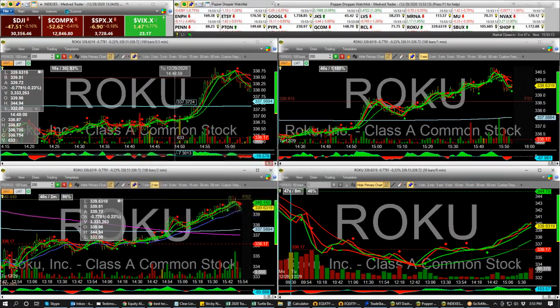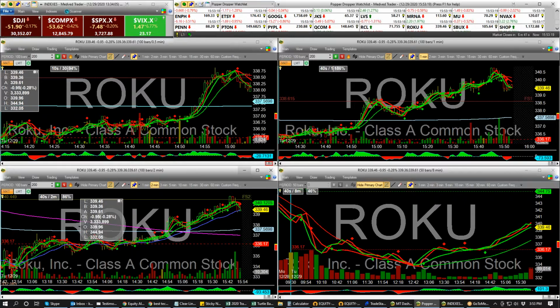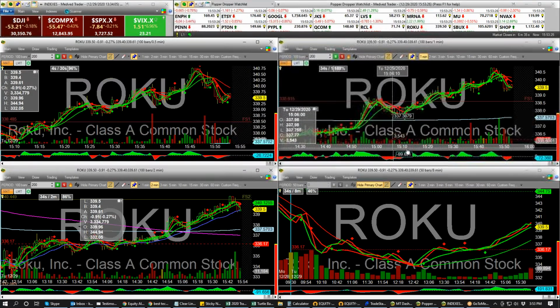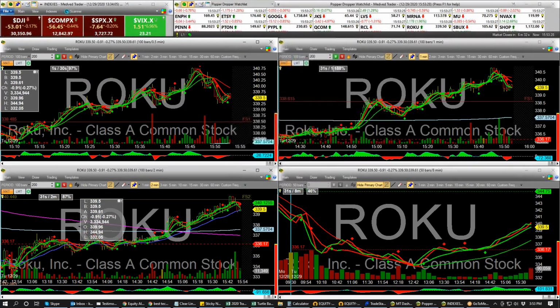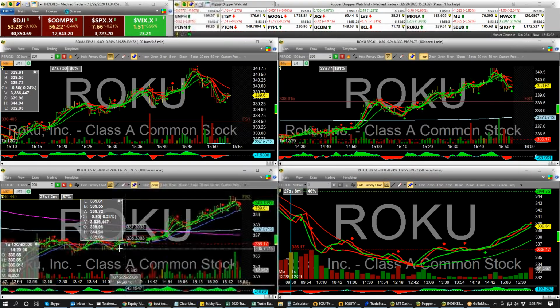So now you can see them all together. I should have just gone to this. Right? So here's our 8, moves into uptrend, and then boom, catch the up.